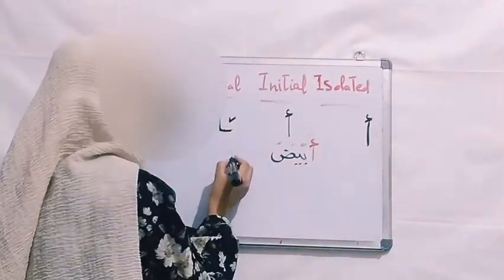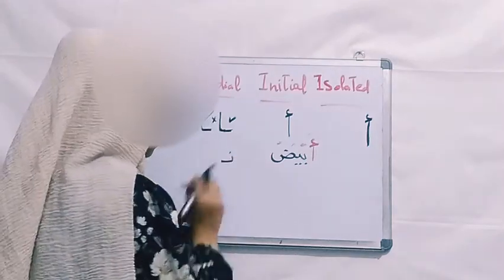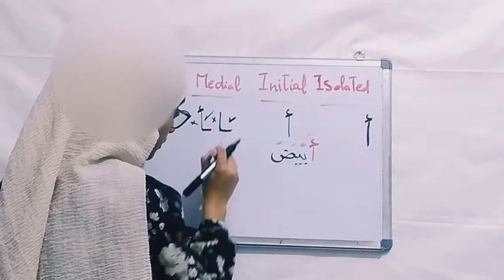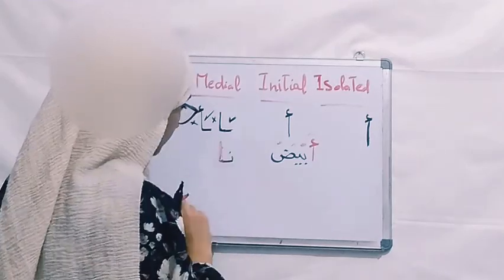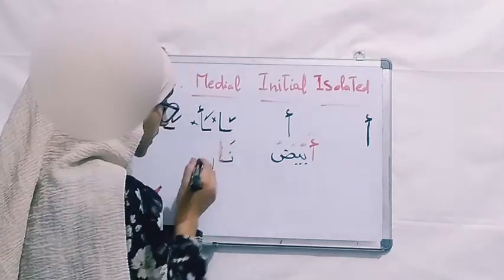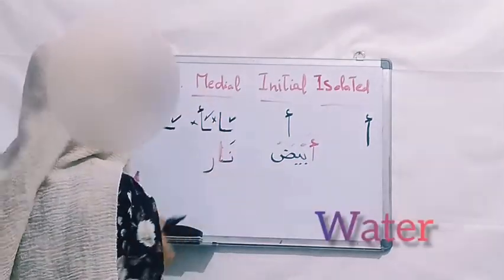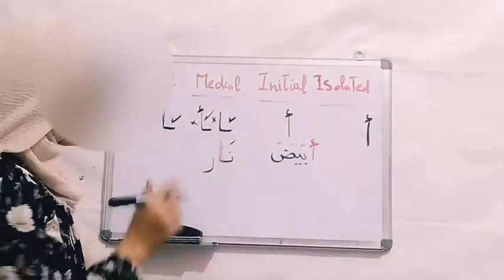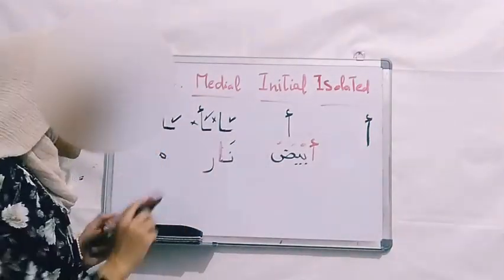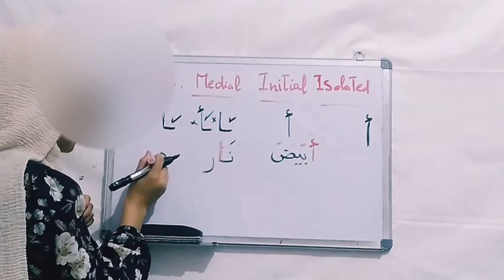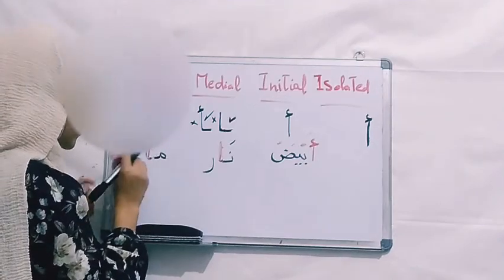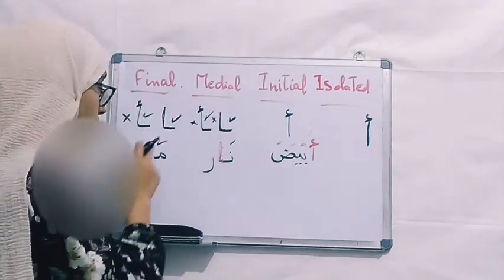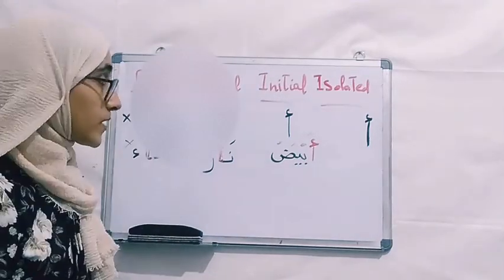Focus with me on the Alif, don't worry about the other letters, we're going to talk about them. So here, it's in the middle form. In the final form, we have Ma, for example. Also, it needs to be connected before, but it doesn't connect after.